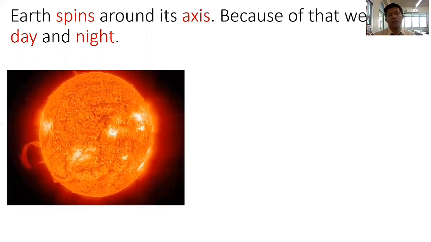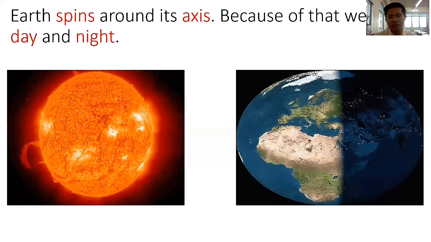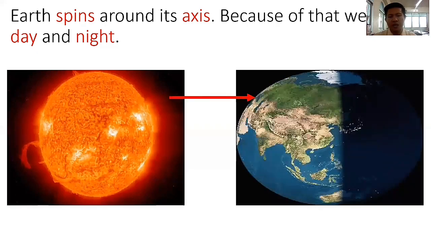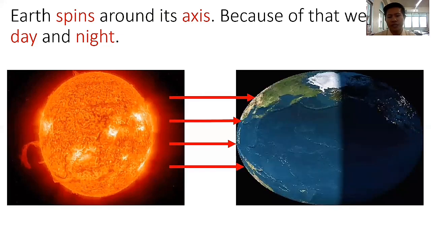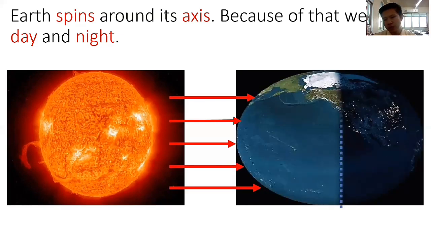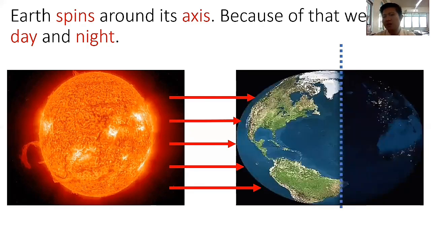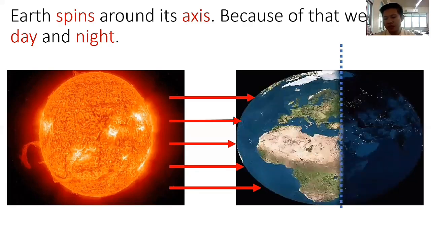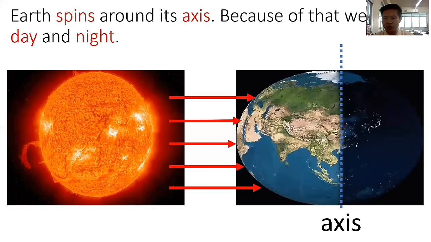Example, if this is the sun, and the sun is giving light to the earth, and this is what we call the axis, the straight line at the center of the earth. Look at this one.